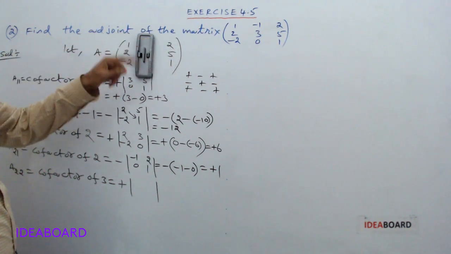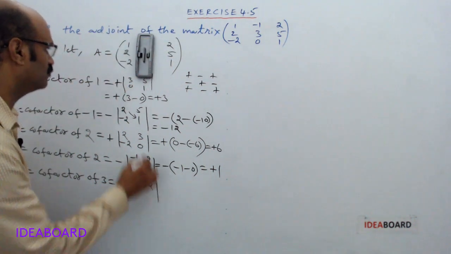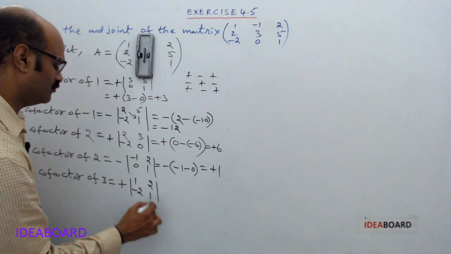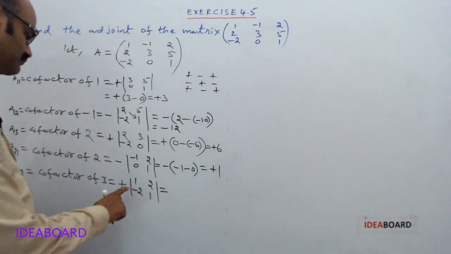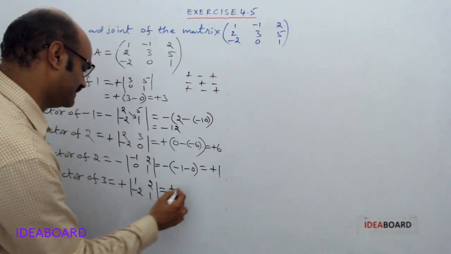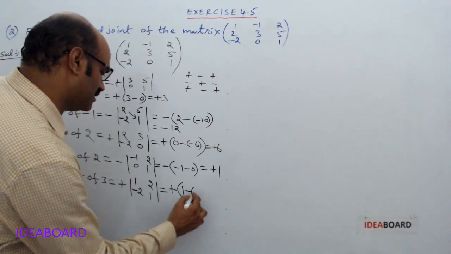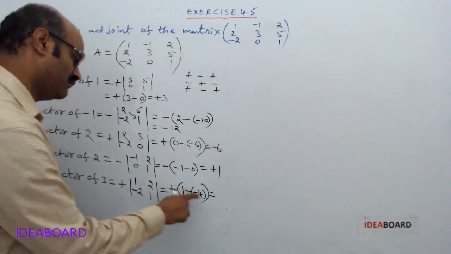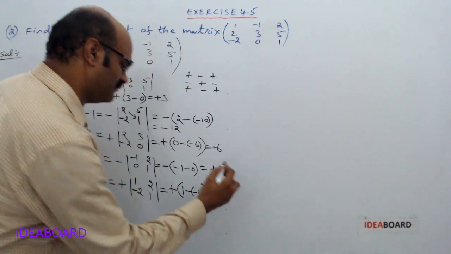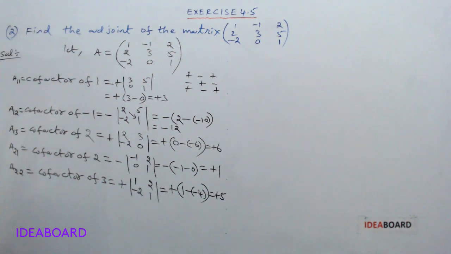Remaining elements we have to write in a determinant 1, 2, minus 2, 1 equal to, we have plus 1 minus of minus 4 equal to 1 plus 4, so 5.